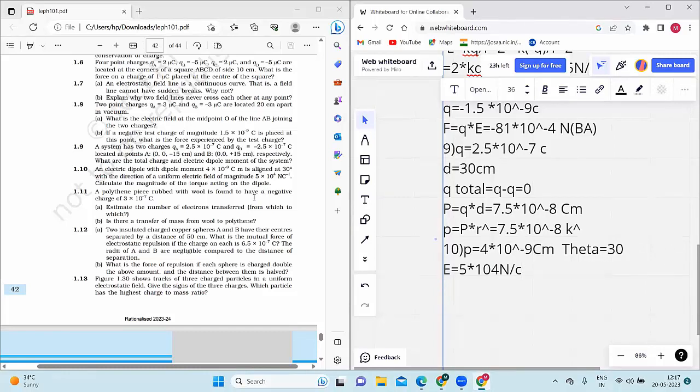Now the torque acting equals P bar cross E bar, which in turn equals P into E into sin theta.